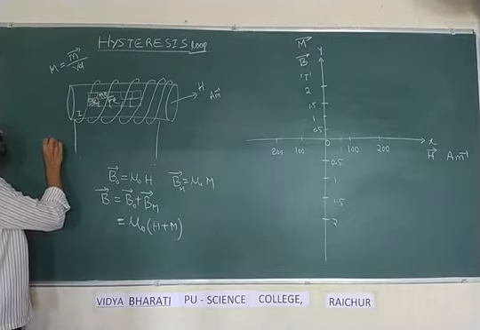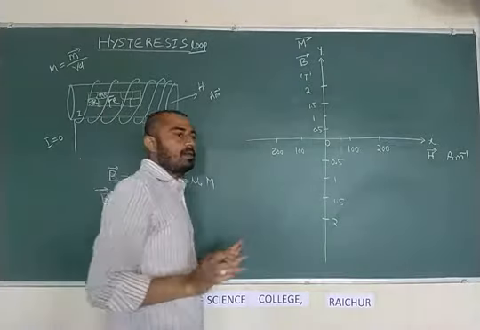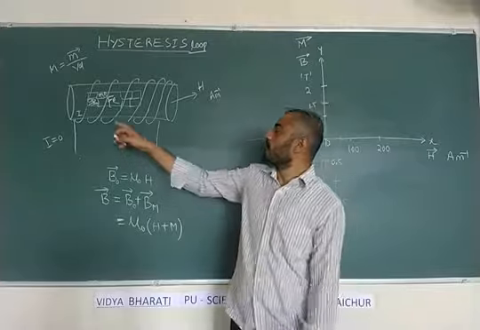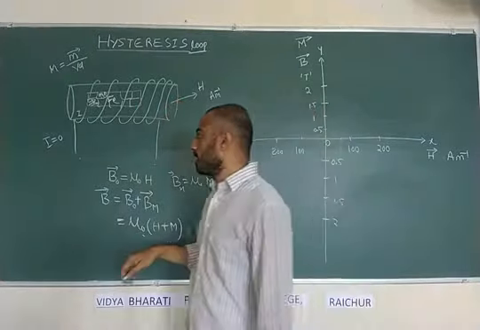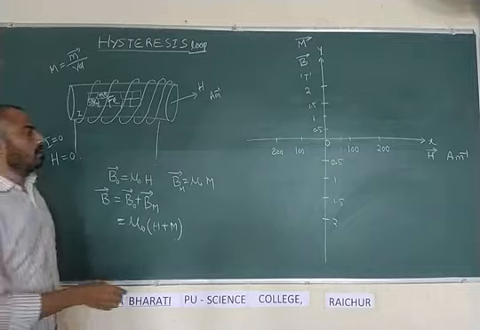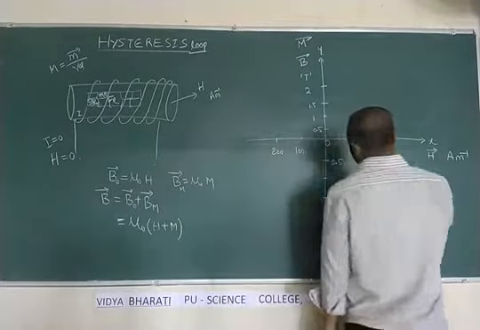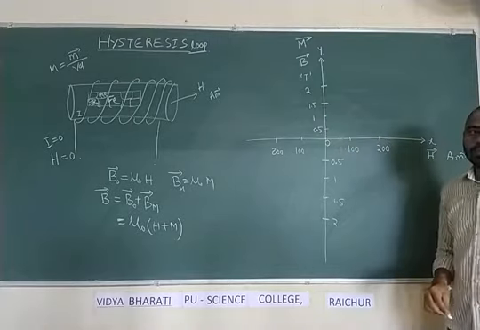I is equal to 0 in the beginning. No current is passed through the wire of the solenoid. Now there is no magnetic field inside the solenoid. When I is equal to 0, the magnetic field inside the solenoid is also 0. If I start plotting the graph, when I is equal to 0, H will be 0.